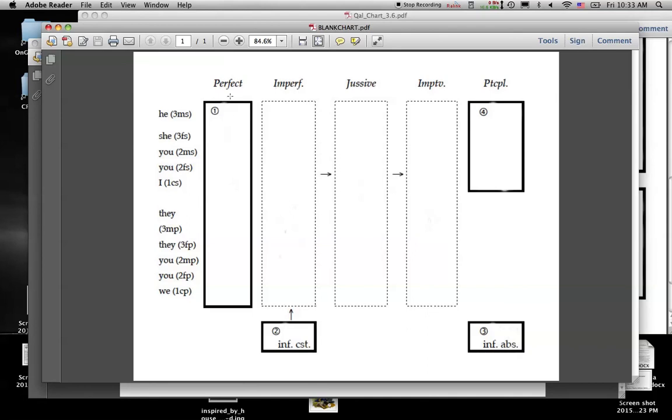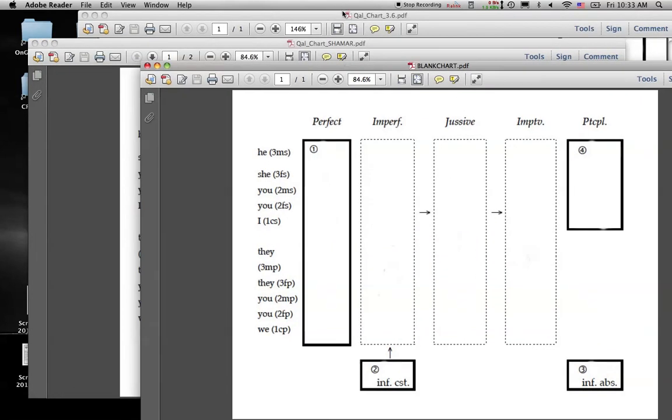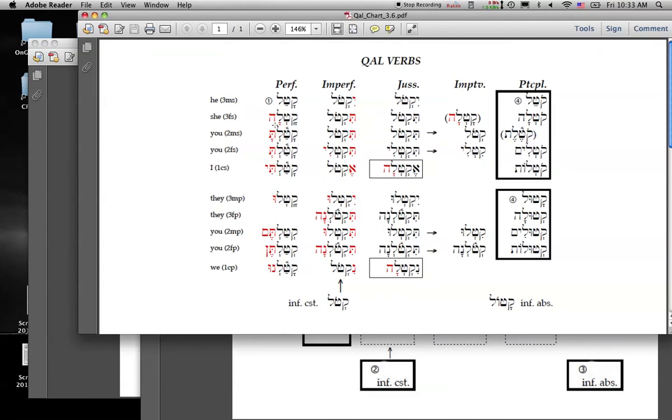That one's quite regular, and you're going to do the same thing. Plug in just zain, chaf, resh: zachar, zachar, zachar, all the way down. Then go in with another colored pen and write in the vowel points from the chart, and then the signal letters.